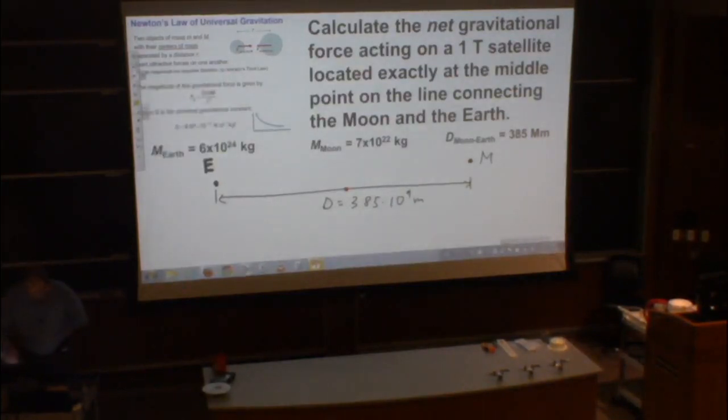Now, naturally, we want to start drawing forces. For example, there is a force acting from the Moon and the Earth, and they attract each other. But now it's a moment when we need to control our thoughts. The free body diagram has to be drawn for the satellite.